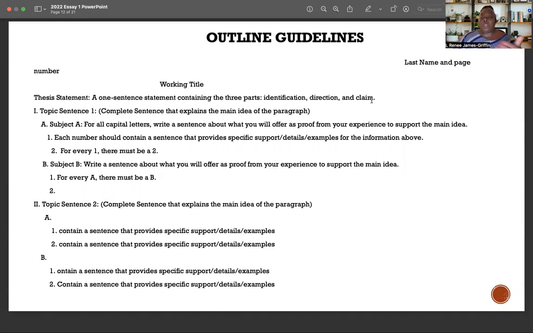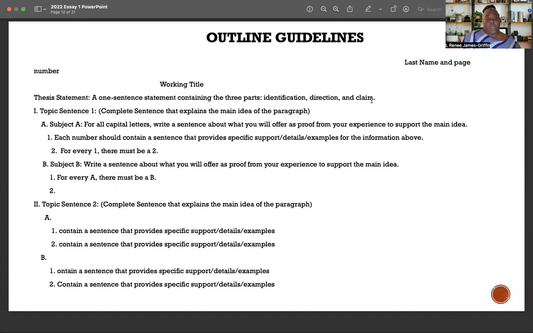And then 1 and 2, the numbers, are basically going to highlight the specific details and examples that's going to support whatever statement that you've made, okay? Notice that each number should contain a sentence that provides that information, the specific support details and examples.